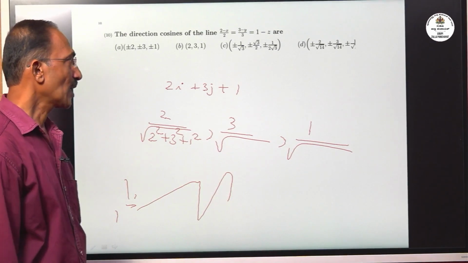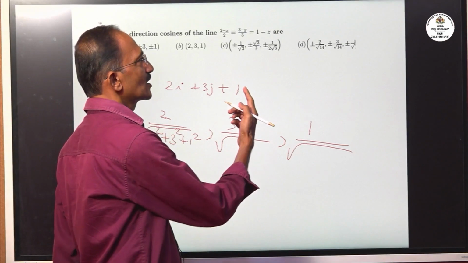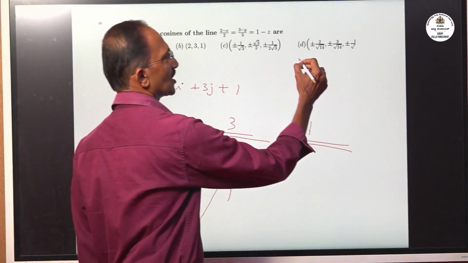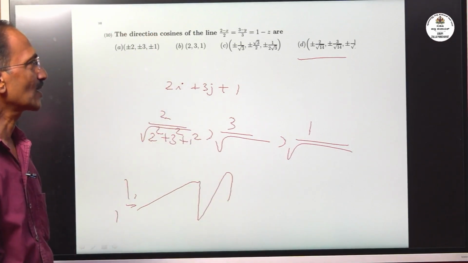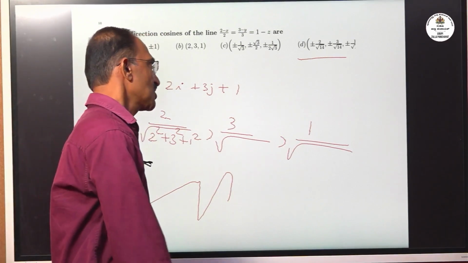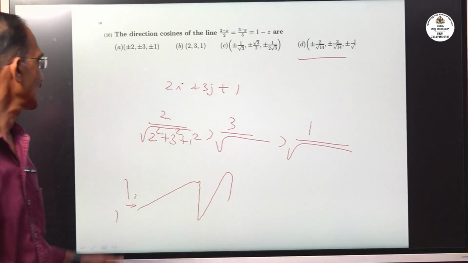The direction cosines of the line come out to be plus or minus. So the last option, D, plus or minus 2 by root 14, 3 by root 14 and 1 by root 14 is the right answer.